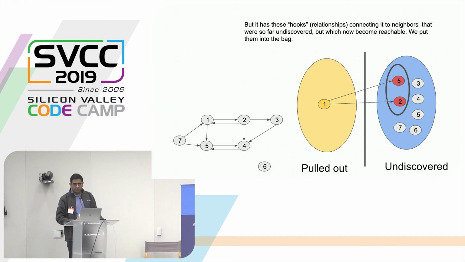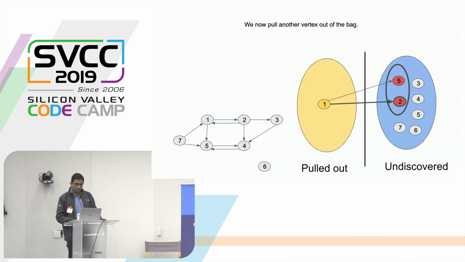And then in each step, we make a choice about which fish we next want to pull out of that bag. For the purpose of this example, I'm making these choices arbitrarily. So let's say we decide to take vertex 2 out of the bag next by pulling on this edge. So you can imagine dragging this vertex out by pulling on this edge.